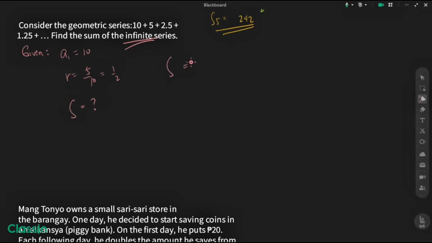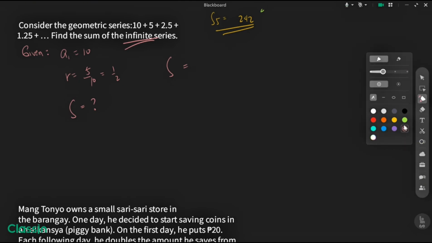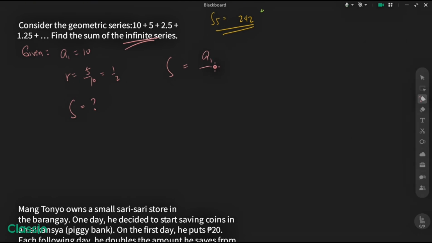So the formula will be the first term all over 1 minus the ratio. Let's substitute all the givens: 10 all over 1 minus 1/2.